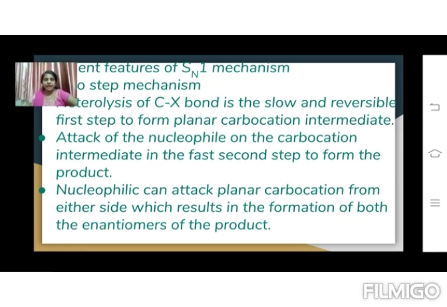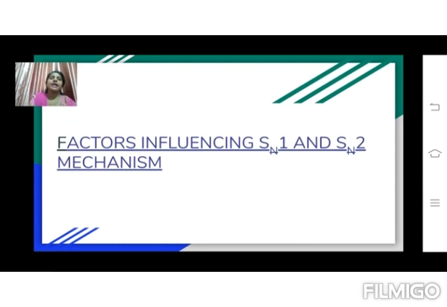The nucleophile can attack the planar carbocation from either side, which results in the formation of both enantiomers of the product.